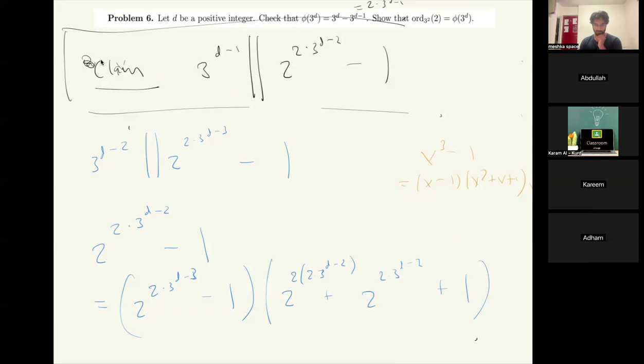Okay, so what now? How many factors of 3 are there here? So here, by inductive hypothesis, we have exactly d minus 1 factors of 3. Oh, no, sorry, not d minus 1. d minus 2. Sorry, d minus 2.